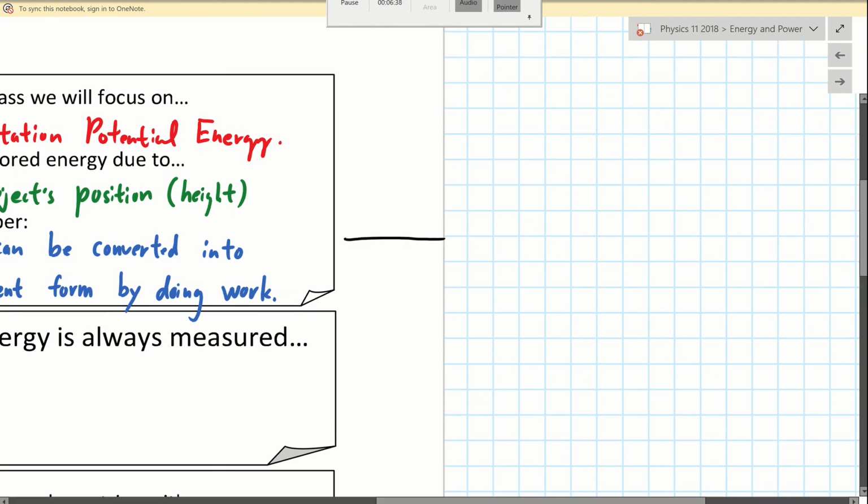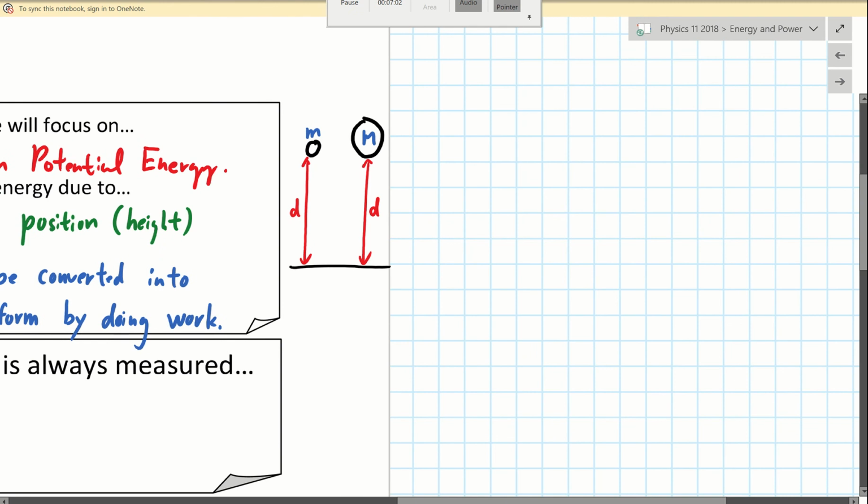So let's say you have the ground right here, and you have a small object versus a giant object, but they are both at exactly the same height off the ground. So when they fall, they should be falling to the ground at the same speed if there's no air resistance, right? But because one object is less massive than the other one, which one has higher potential energy?